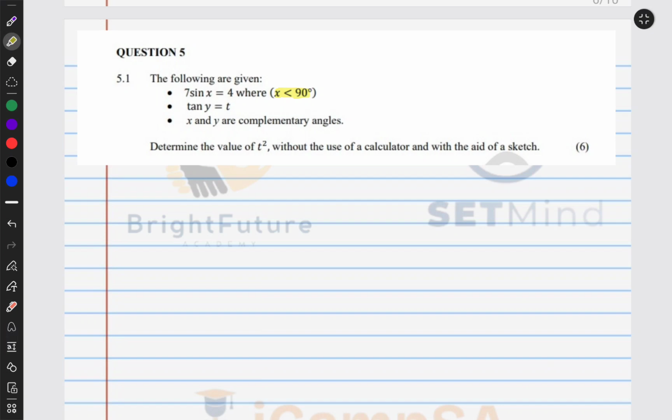And tan y is equal to t. X and y are complementary angles. So determine the value of t squared without the use of a calculator and with the aid of a sketch. Let's start by sketching what we are given.